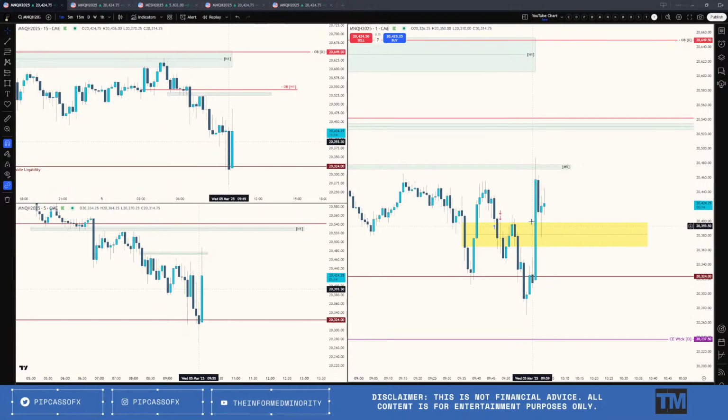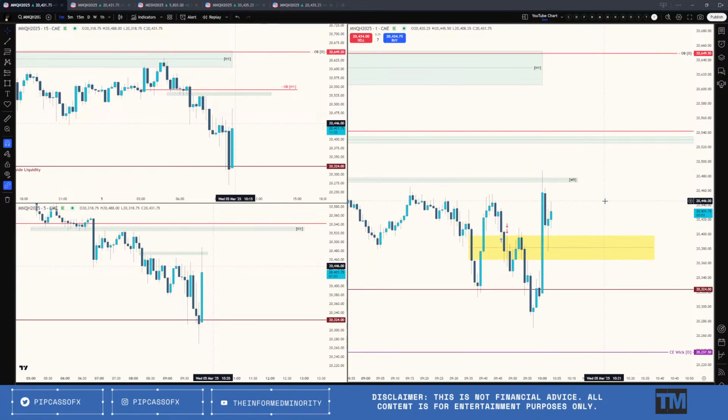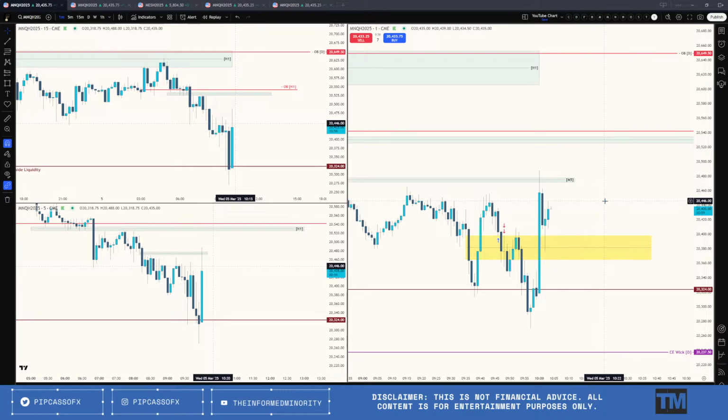This is right at 10 o'clock, and it looks as of right now that we're potentially holding it where the bodies are. Not really getting a lot of support in the other ones yet, but we may end up trying to reach up here, and then ultimately where my initial target was, right there.